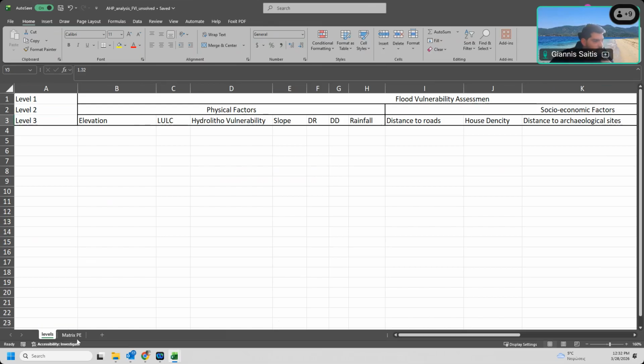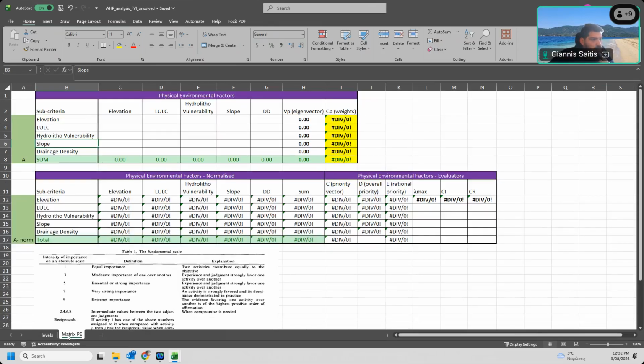So here we are working with the matrix of the physico-environmental factors. That's why you see below the PE.